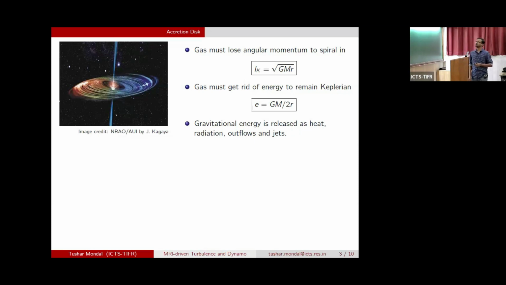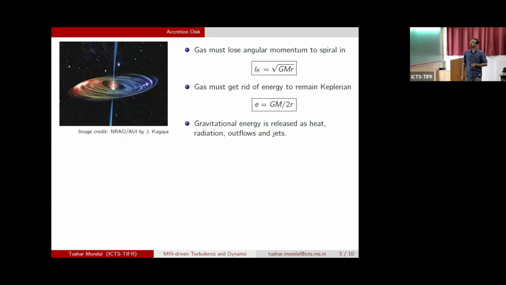At the same time, since matter follows Keplerian orbits, it has to release the available gravitational energy to maintain that Keplerian profile, and this energy is released in the form of heat, radiation, or sometimes outflows, and sometimes we do see a very powerful jet, like in this schematic diagram.